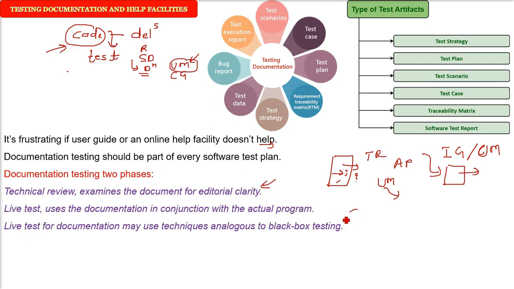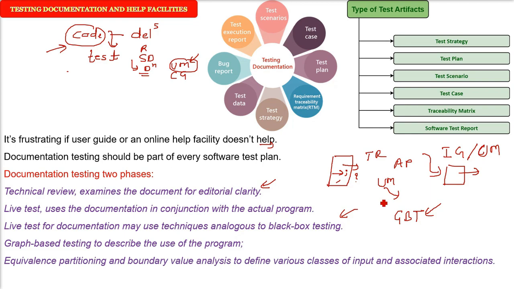So live testing for documentation may use certain techniques which are very similar to black box testing. For example, if the usage of the program, the use of certain functionality, has to be tested, the graph-based testing method can be used. For input, classes of input and their interaction, we can use equivalence partitioning or the boundary value analysis technique. This can be a help.